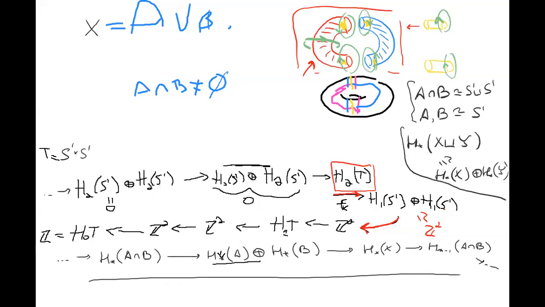Okay, is it clear? So this sum is just the first homology of the intersection A intersect with B. So I want to describe the induced map of the embedding of these 2 yellow cylinders into my 2 parts of my torus.